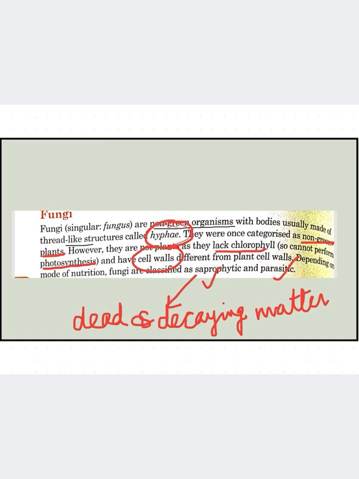Yes, they also grow in the decaying wood logs. जो लकड़ी खराब हो जाती है, गीली हो जाती है, वहां पर भी आपको mushrooms grow होते दिख जाएंगे. So fungi generally require water for their growth. It feeds on dead and decaying matter. Parasitic means it lives on the body of a host. So two different types of nutrition are found in fungi. One is saprophytic, another is parasitic.